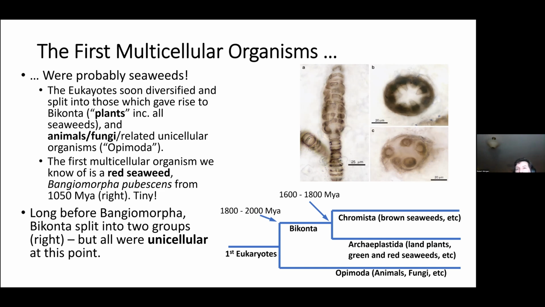So up till that time, all the things in this group, the chromista, were single-celled, and indeed most of them still are tiny single-celled organisms. Whereas the first red seaweeds, as we can see here, were visible and multicellular over 1,000 million years ago.